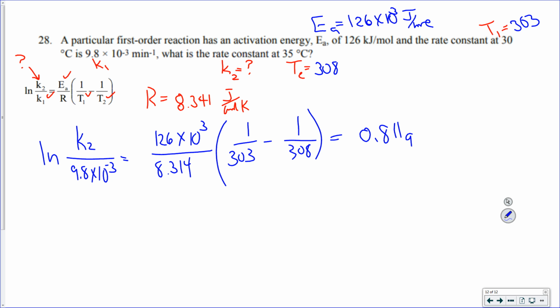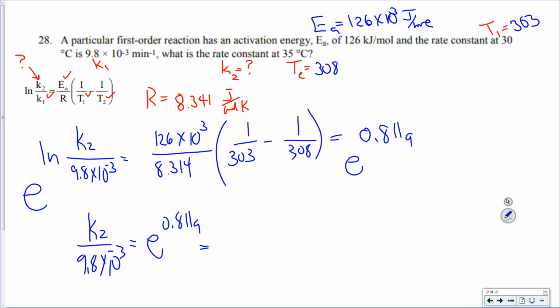All right, so now I need to find out what K2 is. To get rid of the natural log, I need to take the anti-log of both sides. So the anti-log of a log is just going to be K2 over K1 equals this constant. So this is 2.25, then a significant 2.